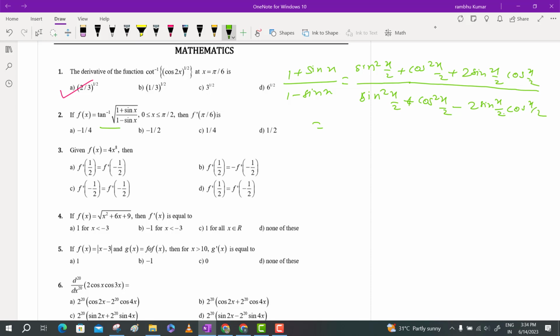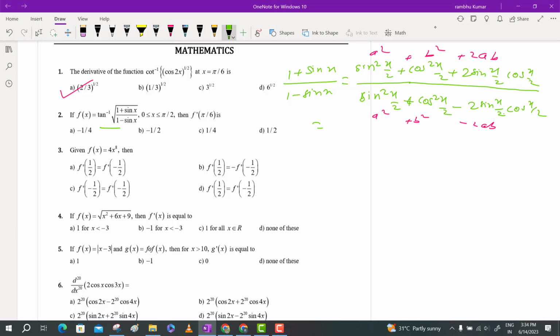So now in the numerator, if you see, it's a square plus b square plus 2ab, and in the denominator a square plus b square minus 2ab.